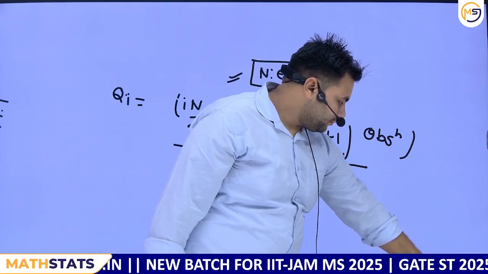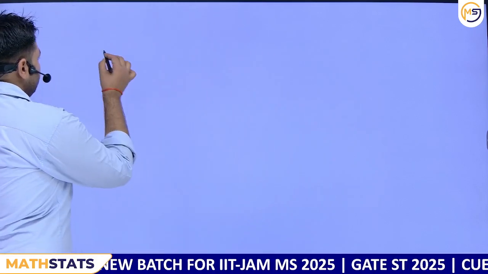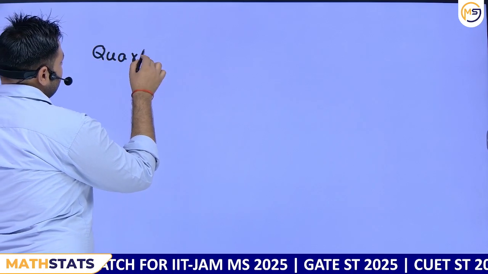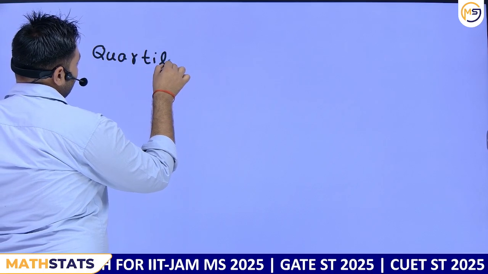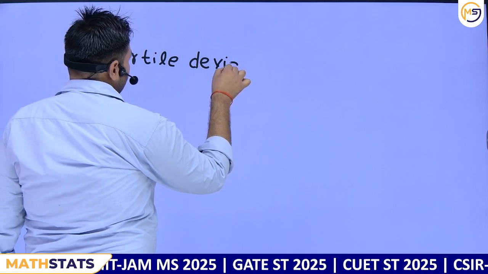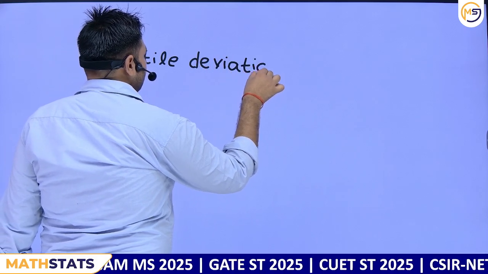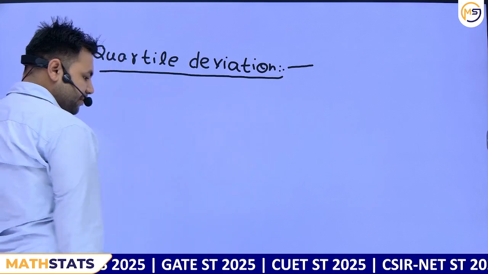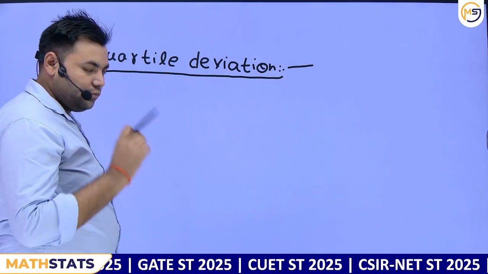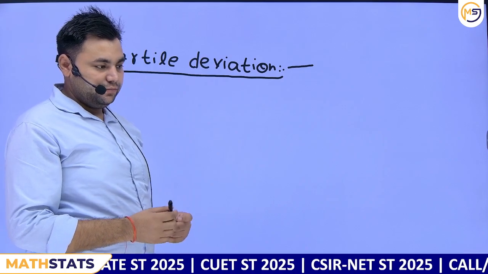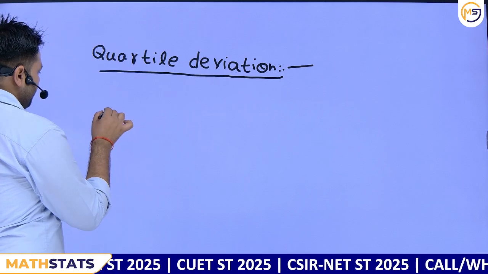Okay. So we are talking about quartile deviation. What is quartile deviation? Anyone? It is the semi-interquartile range.